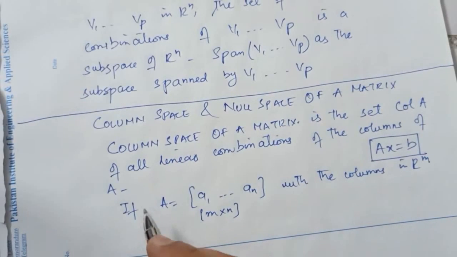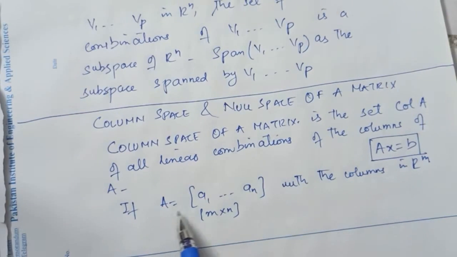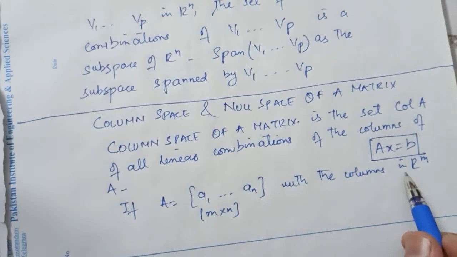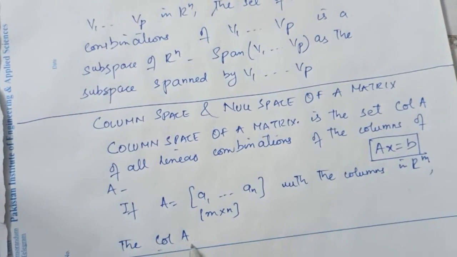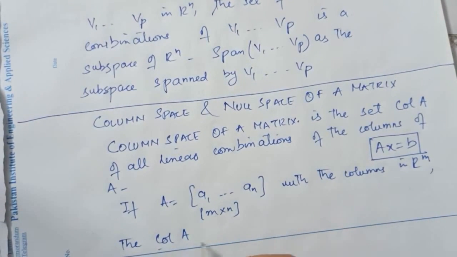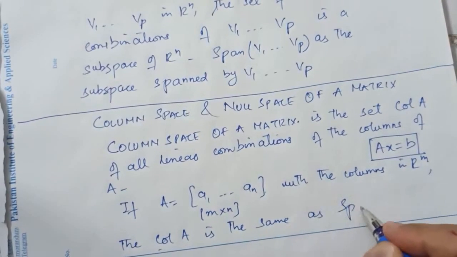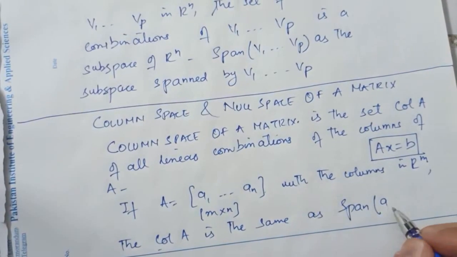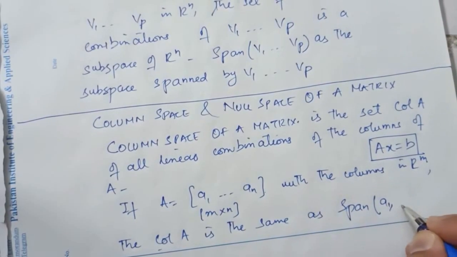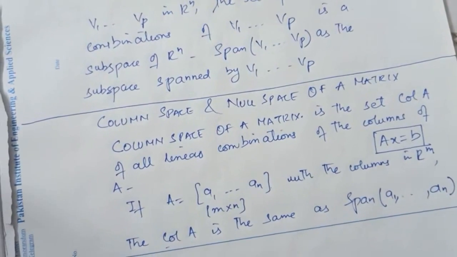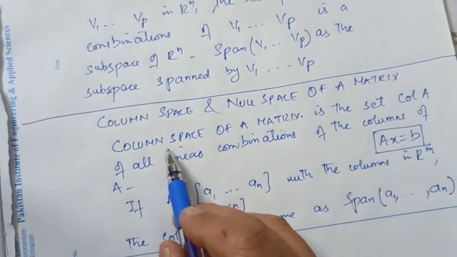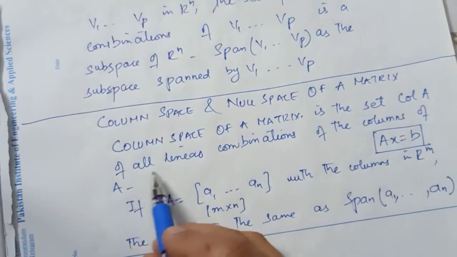The column space of A is the set of the linear combinations of a1 up to an, which is the same as the span, because all the linear combinations of vectors are represented by the span of those vectors.